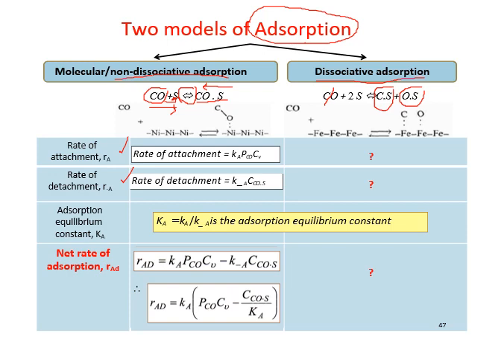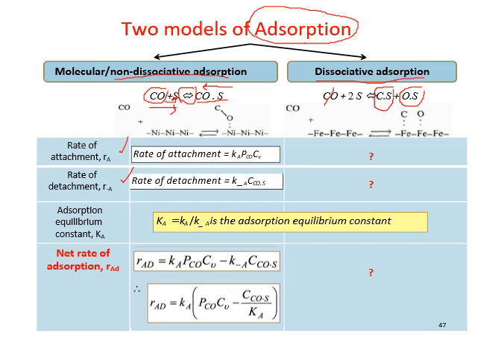So the rate of attachment is the rate constant times the partial pressure of carbon monoxide times CV, the concentration of vacant sites.